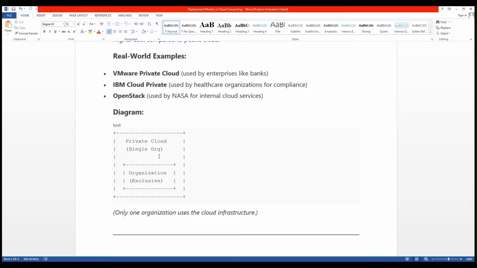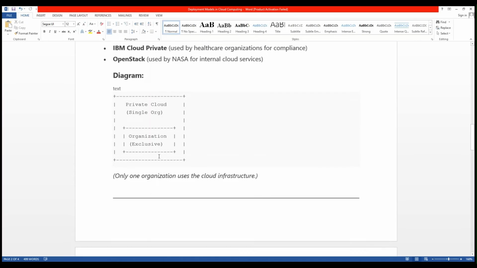Take the example of IBM cloud, OpenStack, and VMware. IBM is the best example of private cloud, in which only those persons who are working for the organization can access it, and anyone outside cannot. So private means on premises.